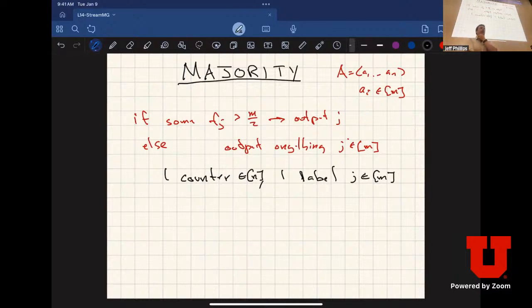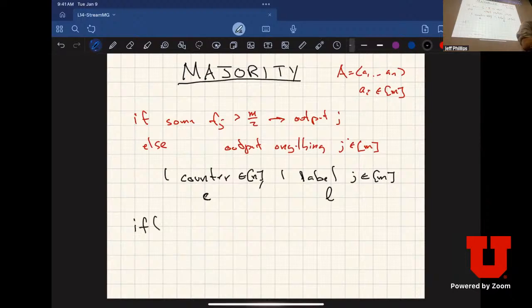How am I going to solve this problem? We'll call this label L, and this counter C. So what's the thing to do? Well, let's think of the cases.